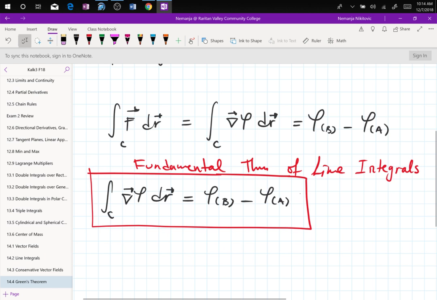So A and B are endpoints of the line integral.